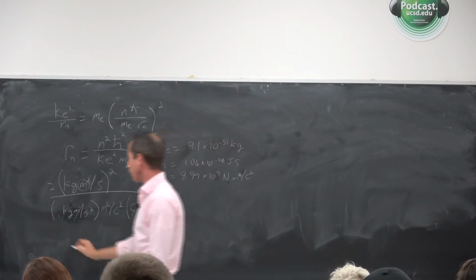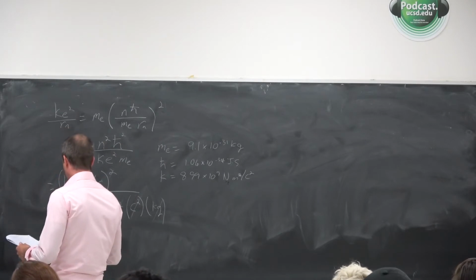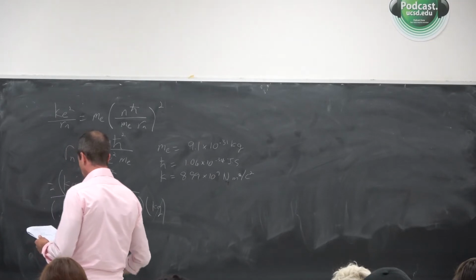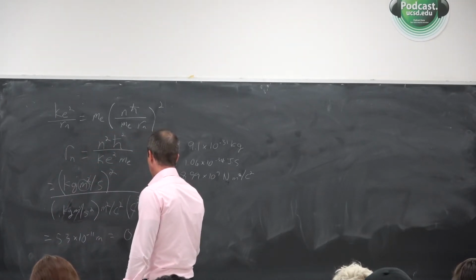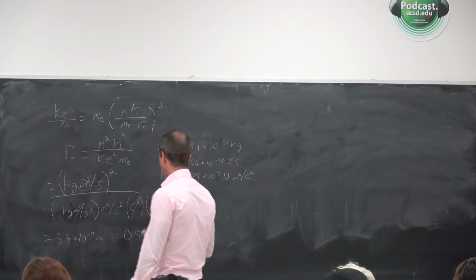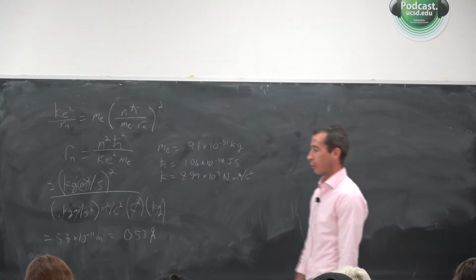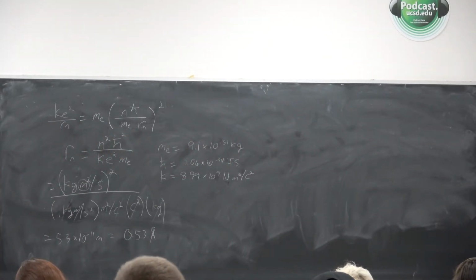So we're left with 5.3 times 10 to the negative 11th meters, or 0.53 angstroms, which is the Bohr radius at principal quantum number of 1. Okay? Easy breezy.